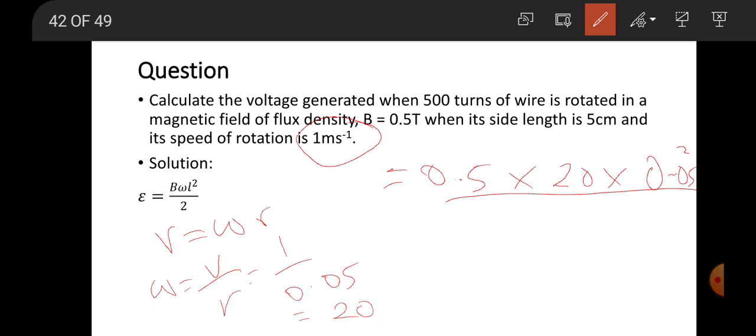Then divided by 2. So if we do that, 0.5 times 20 times 0.05 squared divided by 2, that will give us 0.0125. We're going to get 0.0125 volts as an EMF.